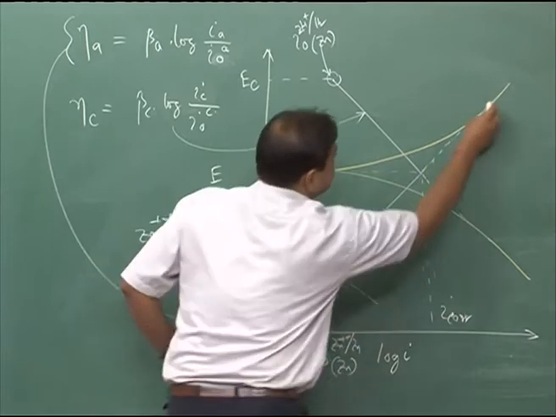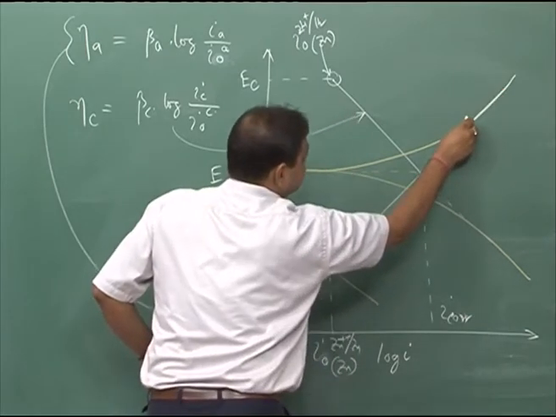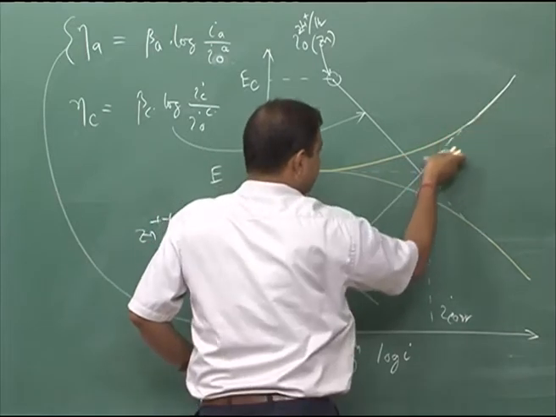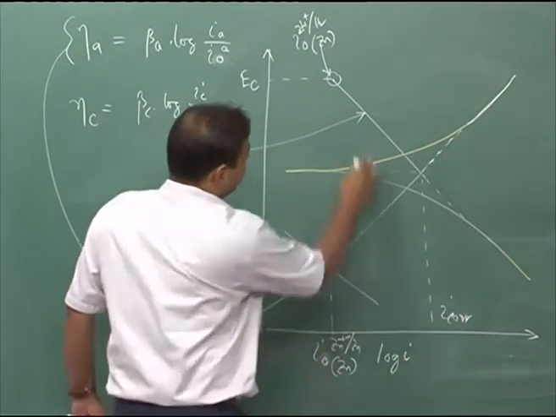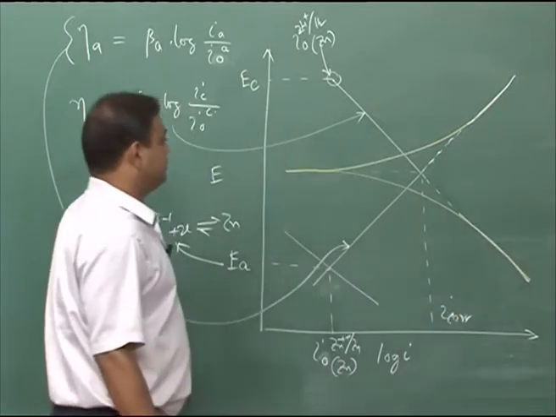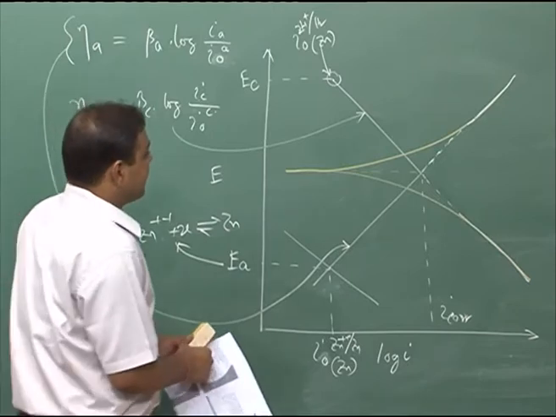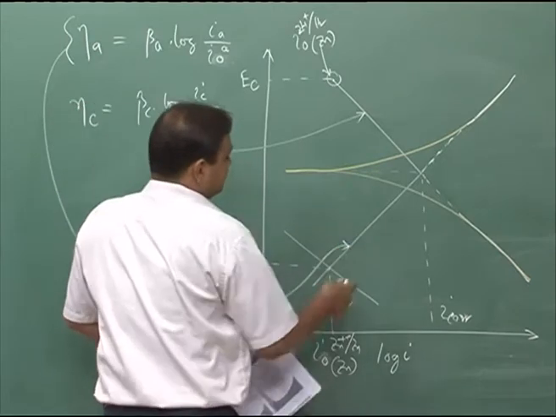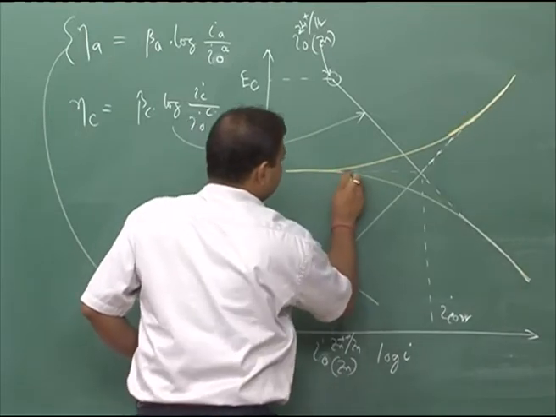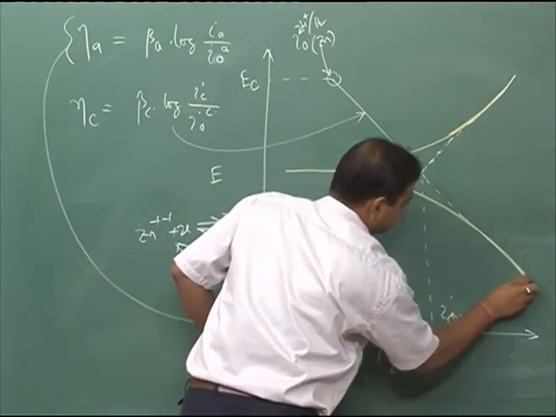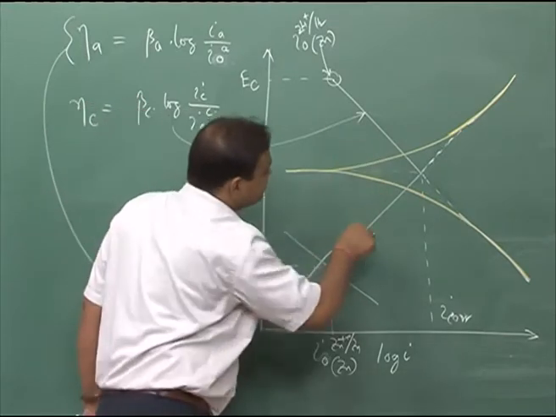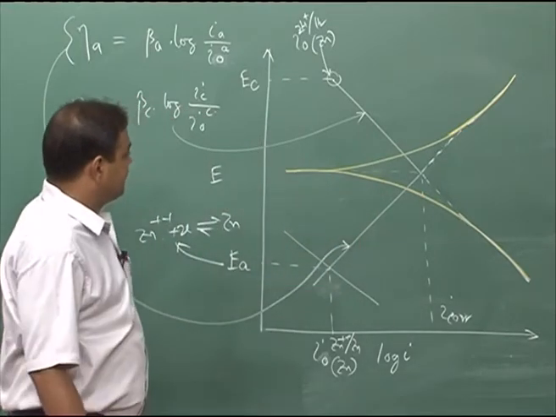If we extend this, this line will meet this straight line part, and here also if we extend it, this line will meet this linear part. Now, the rest we will see is this yellow line only, the graph will be this yellow line only, where these two lines are hidden.